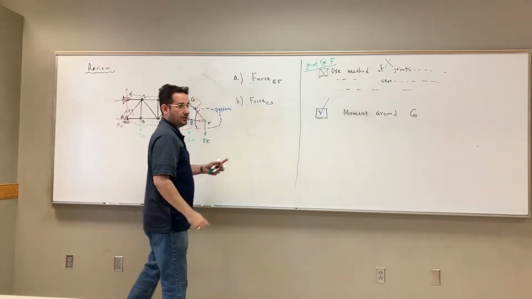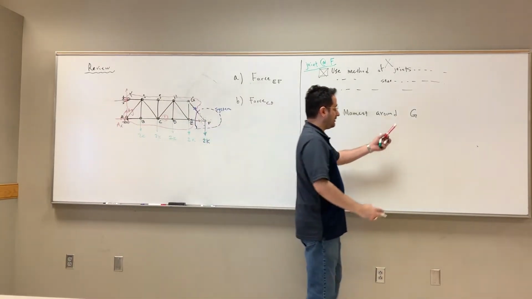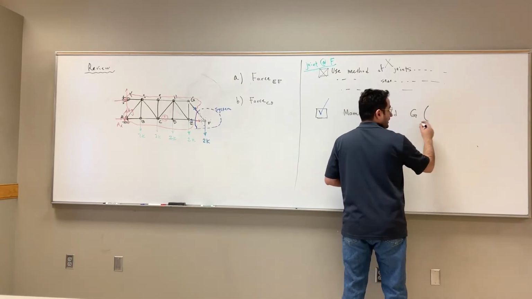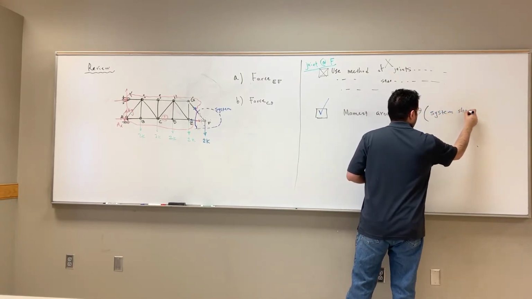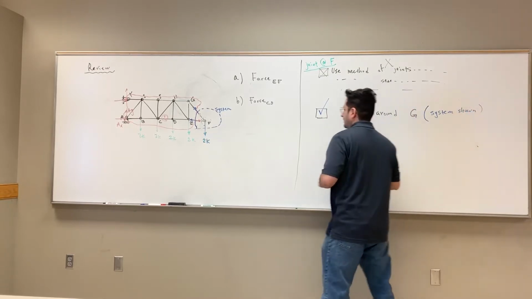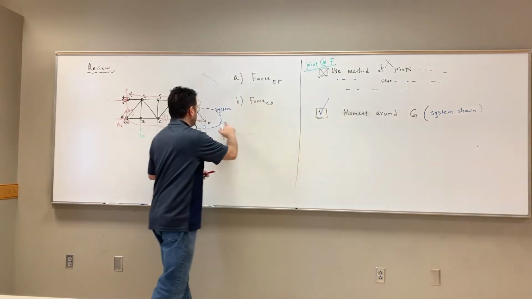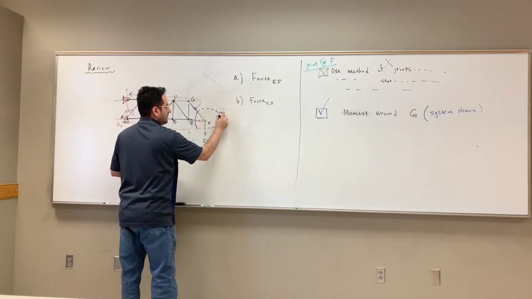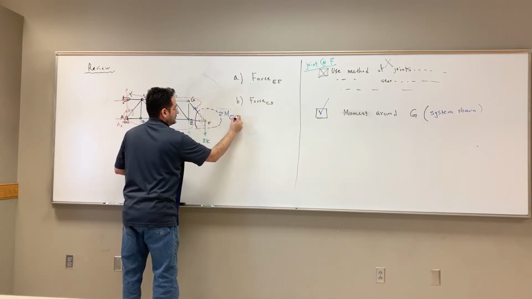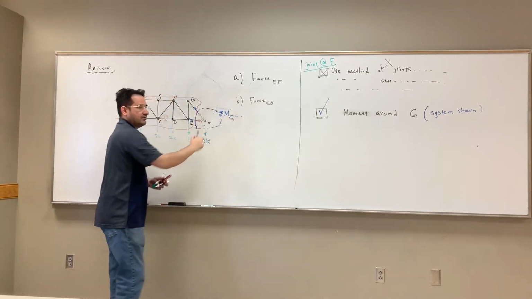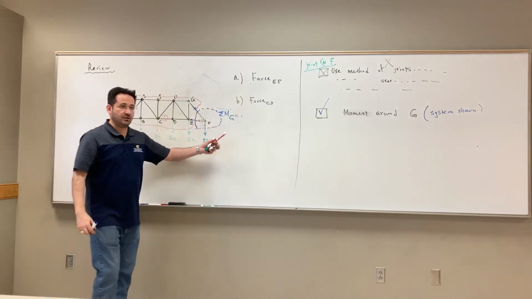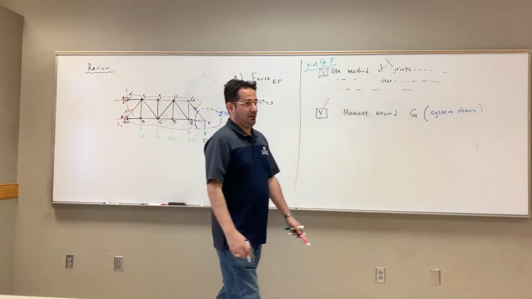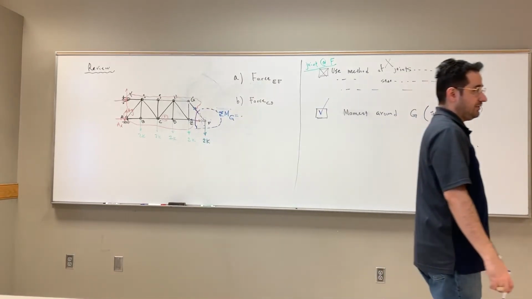That's right. So what I'm saying is, when you give your answer, you should say system shown, or you just write here system and then say moment around G equals 0. So this is the system. That's the correct answer. But if I don't see your system, I can't give you a grade, because the answer is very confusing.